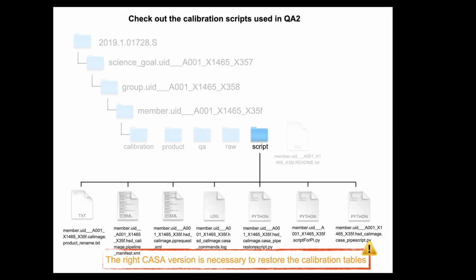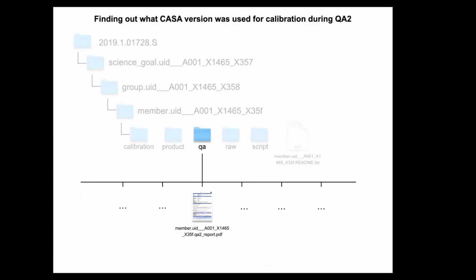So then what CASA version do I need to do this to restore the calibrated data? Well, if one wants to find out what version of CASA was used, there are different ways of finding out what CASA version was used during the QA2 process.